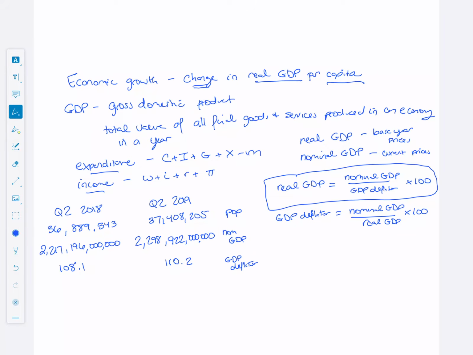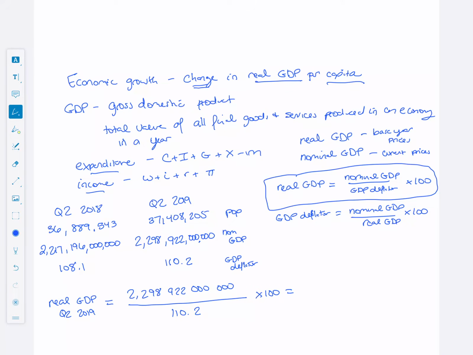All right, now we're ready to do our calculation. So first, let's find real GDP. Then we'll find real GDP per capita, and then we'll find the change in that number. All right, real GDP, second quarter of 2019, is nominal GDP, 2,298,922 and our 6 zeros, divided by our GDP deflator, 110.2, and we multiply that times 100.